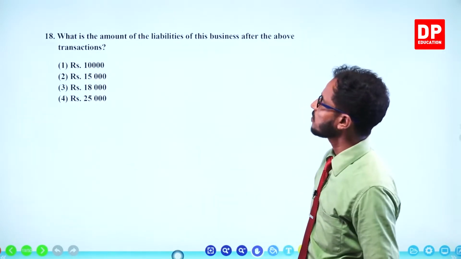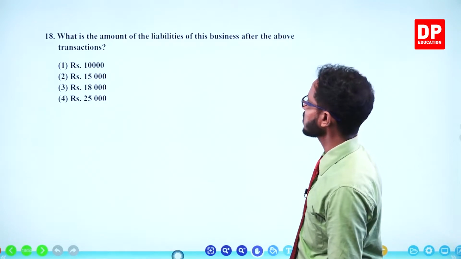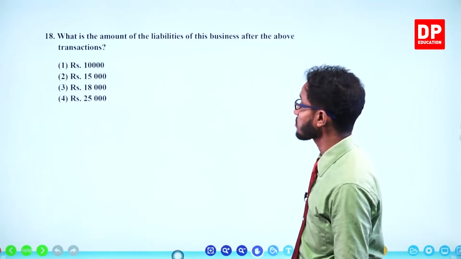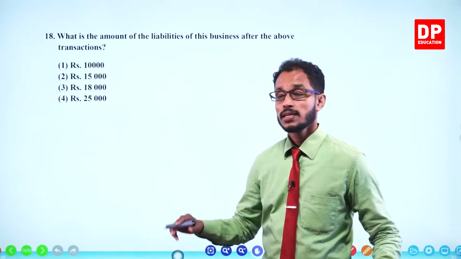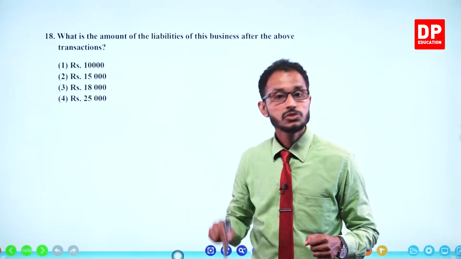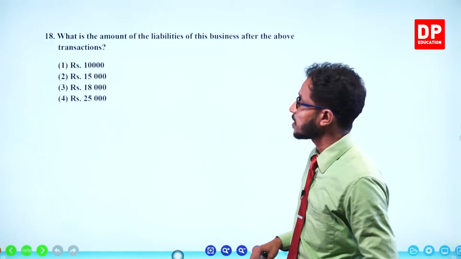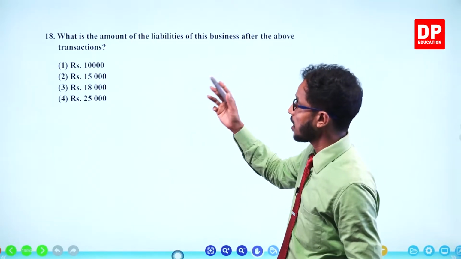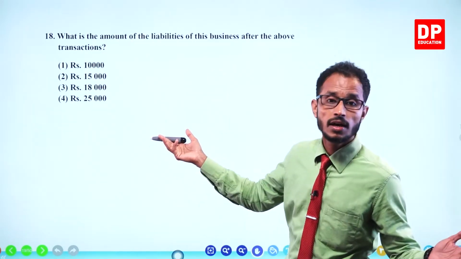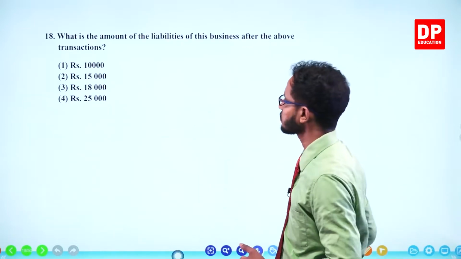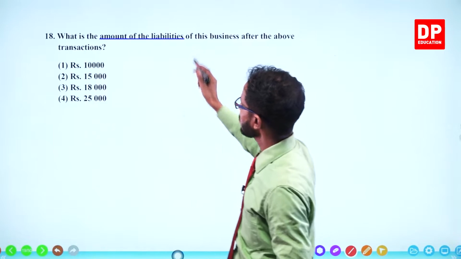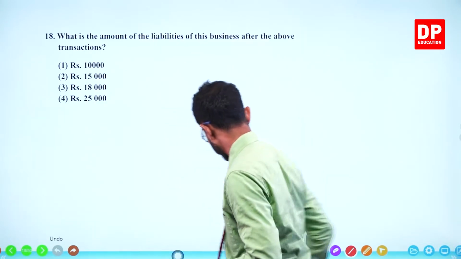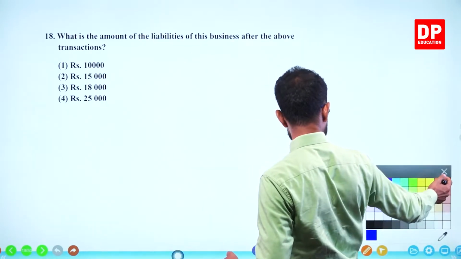What is the amount of liabilities of this business after the above transactions? So we have some calculations to do. They're asking about the value of liabilities.